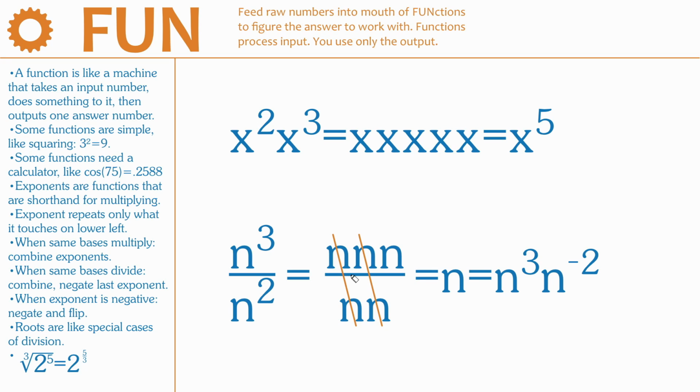Whatever's in there will be a number over itself, which will be a 1. So that slash is like a 1. We have a 1 times a 1 times an n. Well, 1 times 1 times n, obviously, is n.